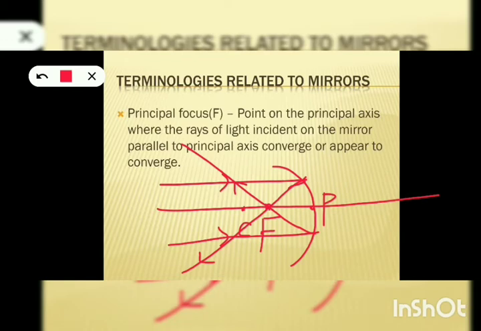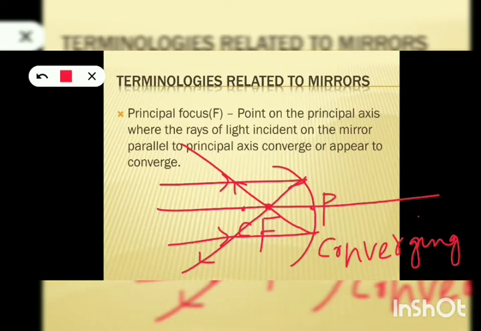Hence this point where the rays of light incident on the mirror parallel to the principal axis converge is known as the principal focus. Since the reflected rays converge in a concave mirror, we can call the concave mirror a converging mirror. Why? Because all the reflected rays converge to a single point in the case of a concave mirror.